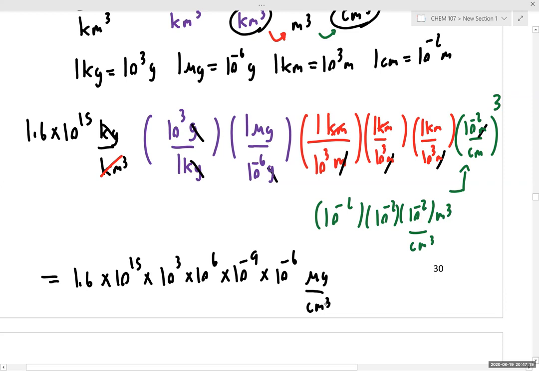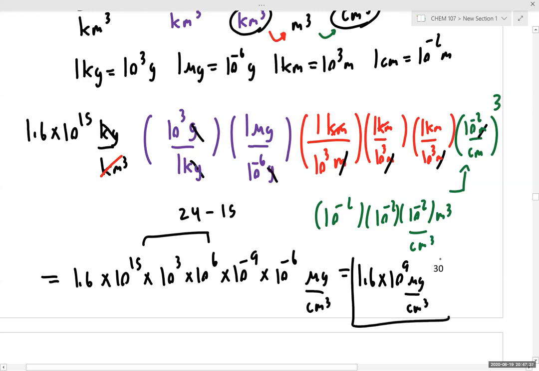And if we write this out, that gives us 1.6 times 10 to the 24 minus 15 times 10 to the 9th micrograms per centimeter cubed.